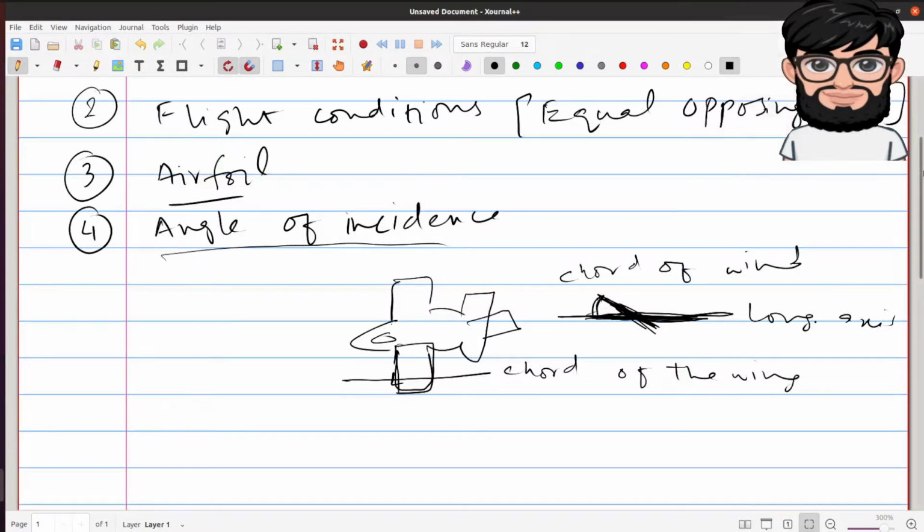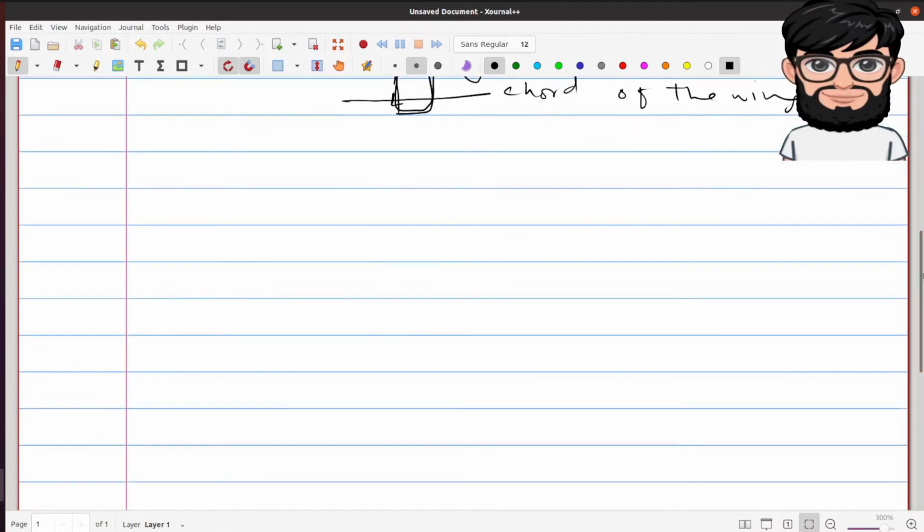Okay, now we're going to be covering the next one, which is the relative wind. So the relative wind is the direction of the airflow with respect to the wing, right? Let's say this is our horizontal axis of the plane. This is the angle of the wings, and again, this is going to be the angle of incidence. Just focus on this one.